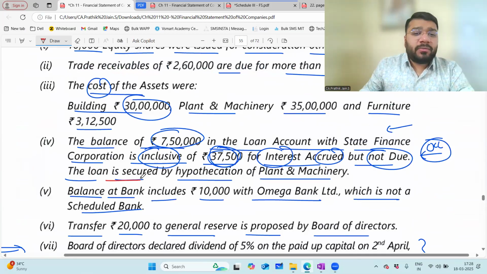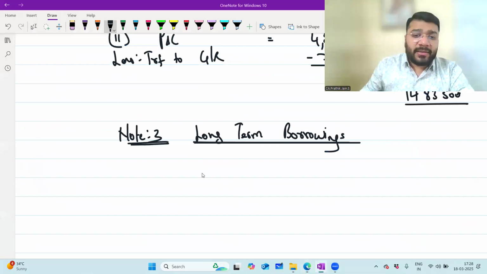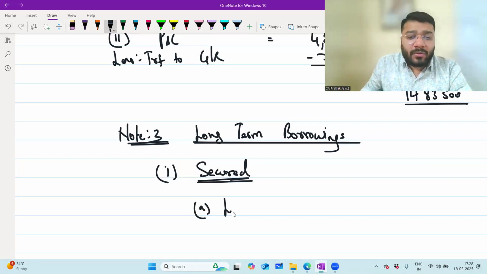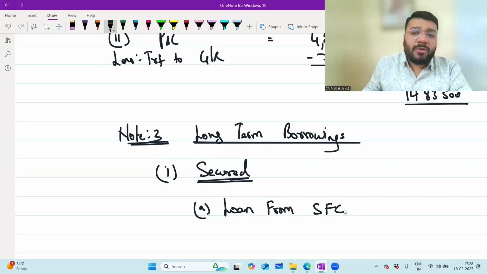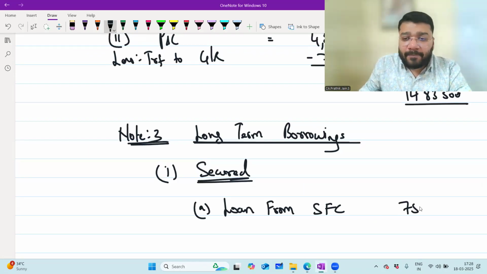Loan from State Finance Corporation is secured by hypothecation of plant and machinery. So under that heading, secured borrowings. Secured. Under that, loan from State Finance Corporation. In the inner column, how much? 7,50,000 rupees.